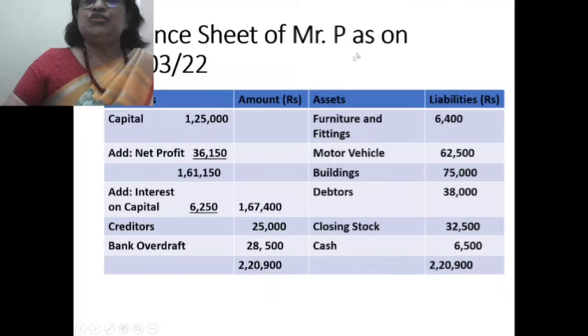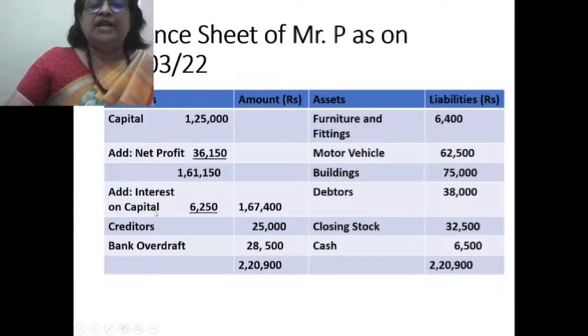So balance sheet of Mr. P as on 31/3/22, capital 1,25,000 and net profit 36,150. So total 1,61,150. Add interest on capital 6,250. Outer column 1,67,400. Creditors 25,000. Bank overdraft 28,500.